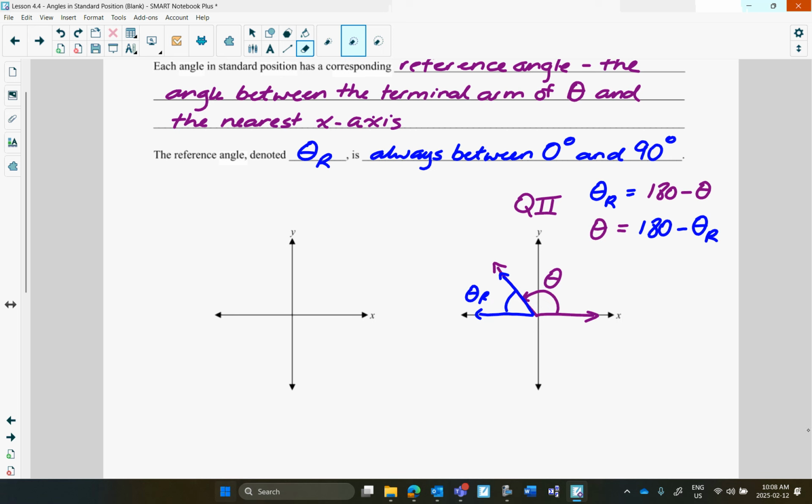Now I'll show you quadrant 1. Because quadrant 1, okay, this is one of those things in math where you guys will think it's so easy, I'm going to make it as complicated as possible. Let's draw an angle in quadrant 1.